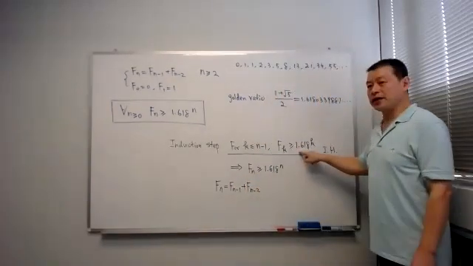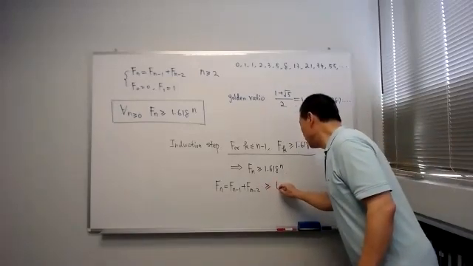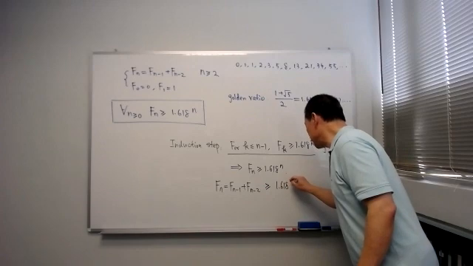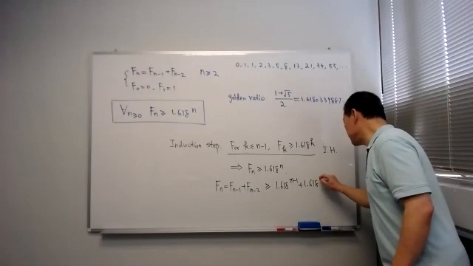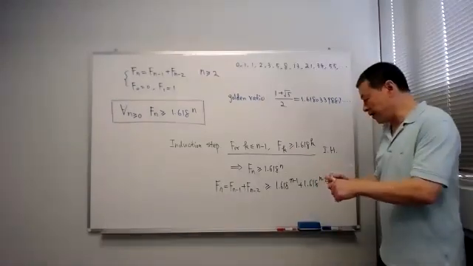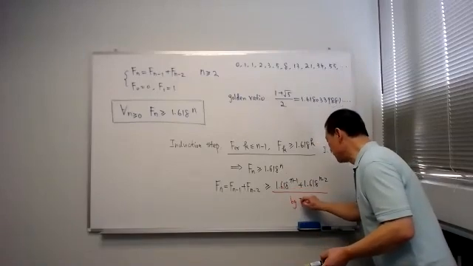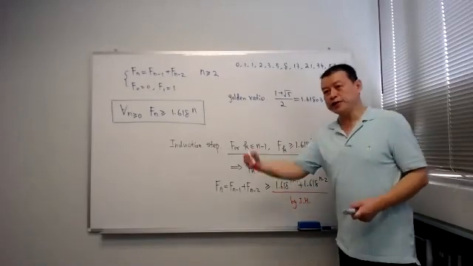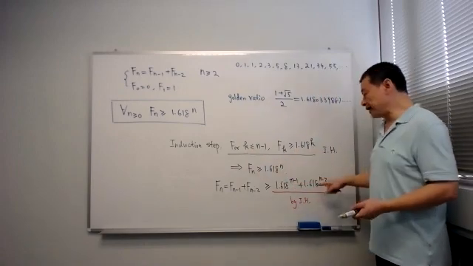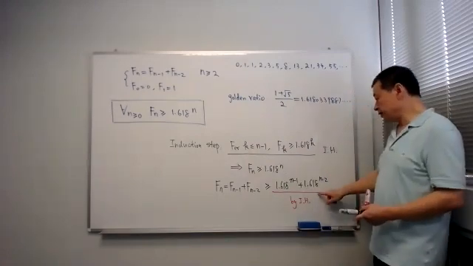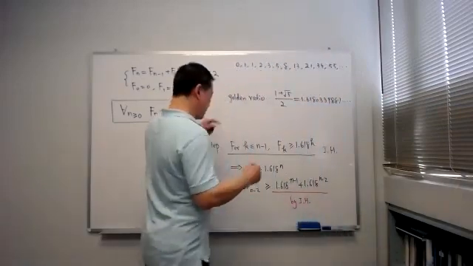Now use the induction hypothesis here, so we can obtain that this is at least 1.618 to the n-1 plus 1.618 to the n-2. That is where we use the induction hypothesis. In the induction step, somewhere we have to use it, and we need to use it in order to get our conclusion. All right, so that is what we get. Now, let us pull it up.